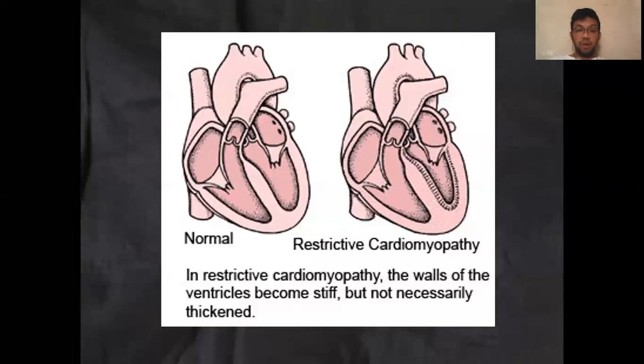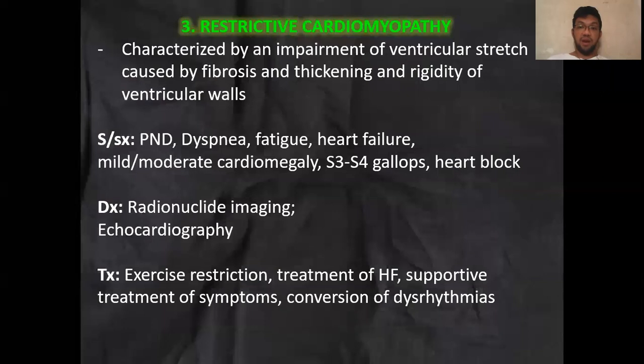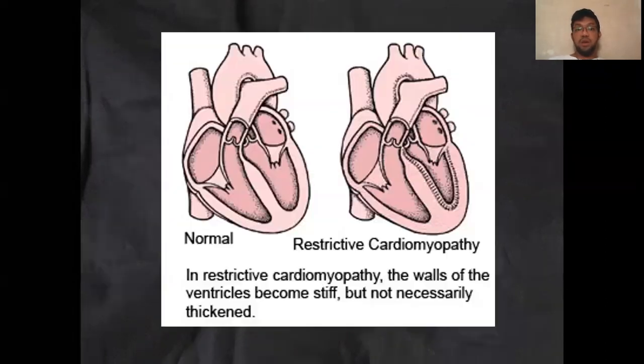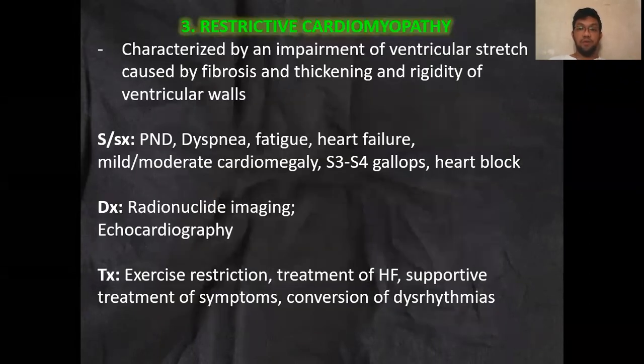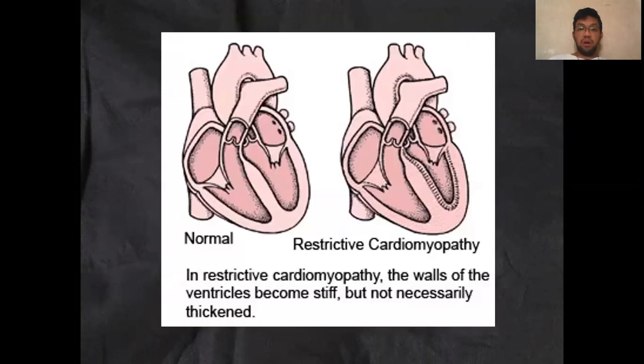So the normal heart appears like this, but for restrictive cardiomyopathy, the walls of the ventricles become stiff, but they are not necessarily thickened. It's somehow caused by the fibrosis, or there's a scar formation that has happened in the inner lining of the heart.